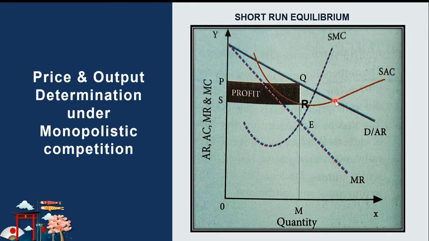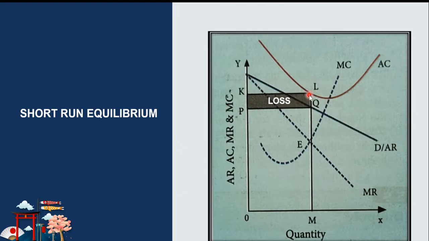In the previous diagram, we saw that the AC curve was lying below the AR curve. So AR was more and AC was less. But in this diagram, the AC curve is above the AR curve. That means the cost is more and the revenue is less. So naturally, the firm will incur a loss.